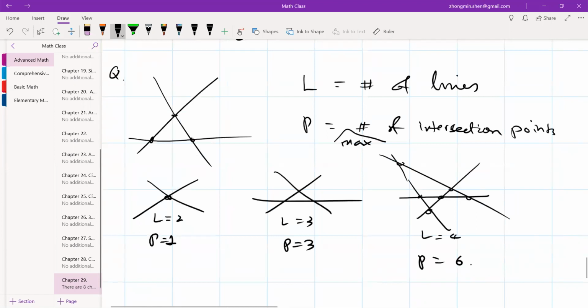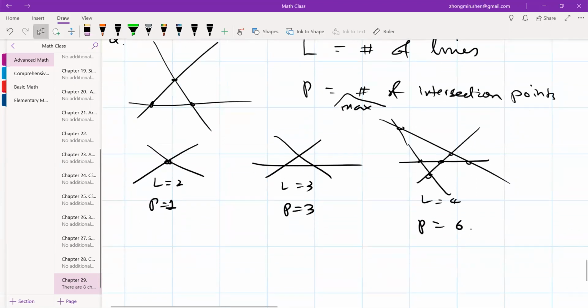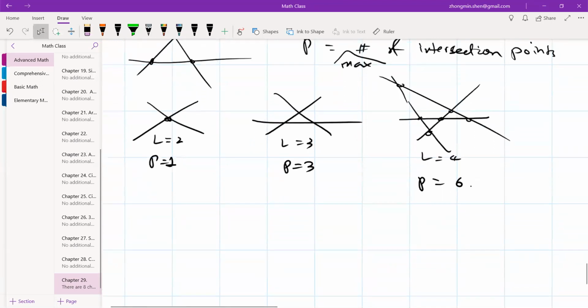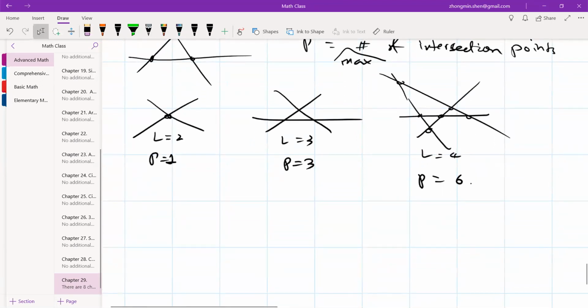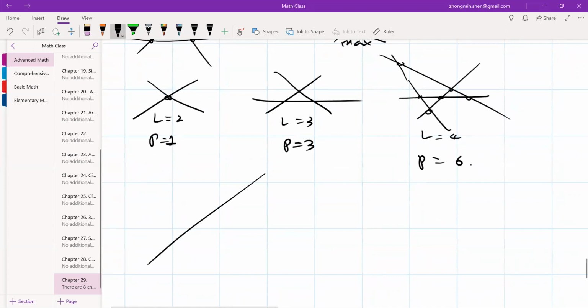So you have to find a sequence of numbers, then you figure out the general formula. Maybe you already know the formula, right? But my suggestion is to try it. It's hard to draw 5 lines.